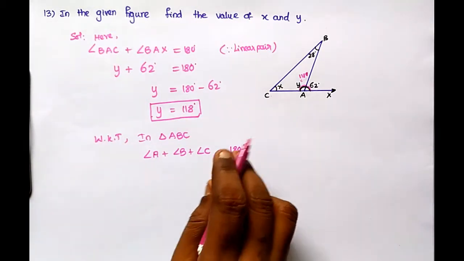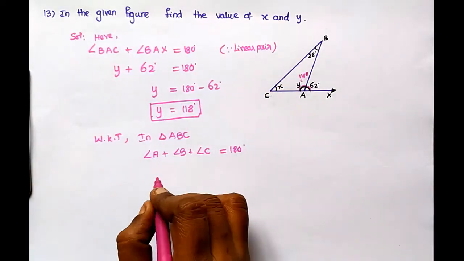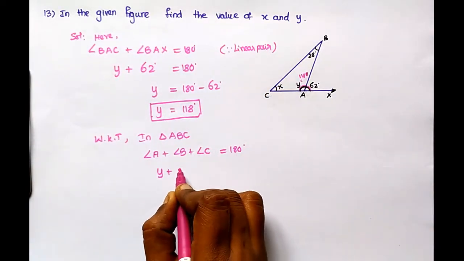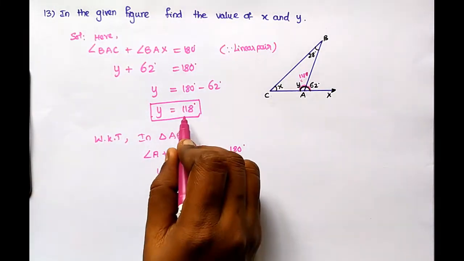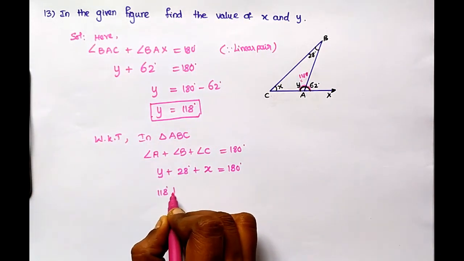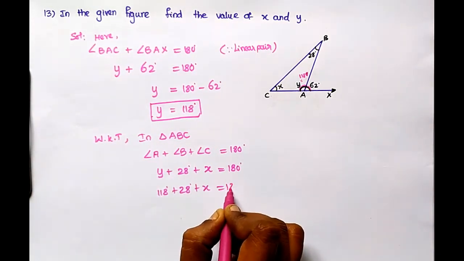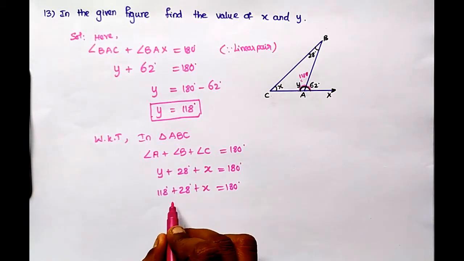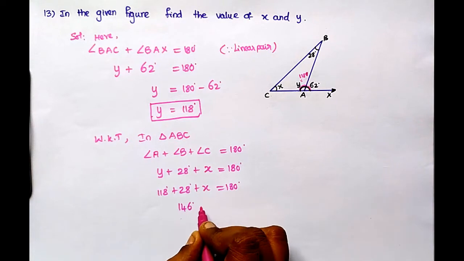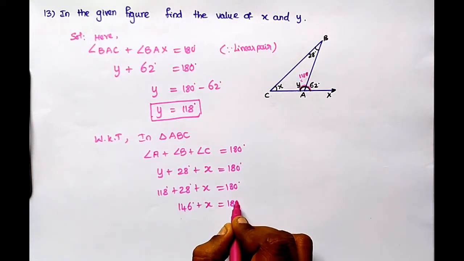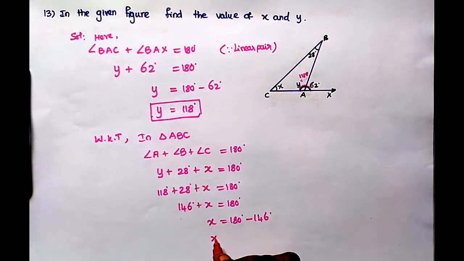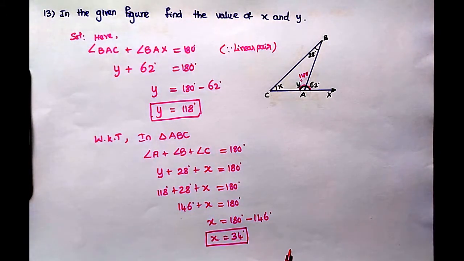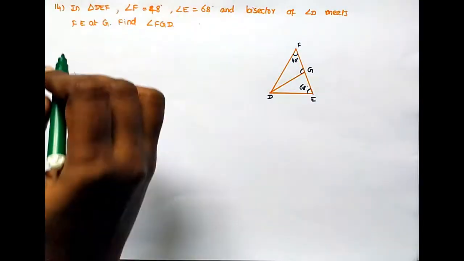Angle A is y, which we found. So y plus 28 plus x equals 180 degrees. Now y is 118, so 118 plus 28 plus x equals 180 degrees. Adding, we get 146 degrees plus x equals 180. So x equals 180 degrees minus 146, x equals 34 degrees. That is the value of x. That's the answer.